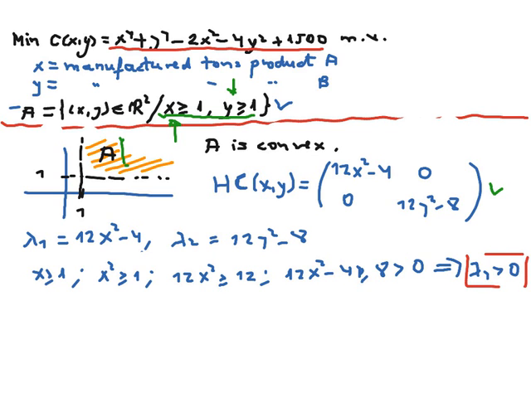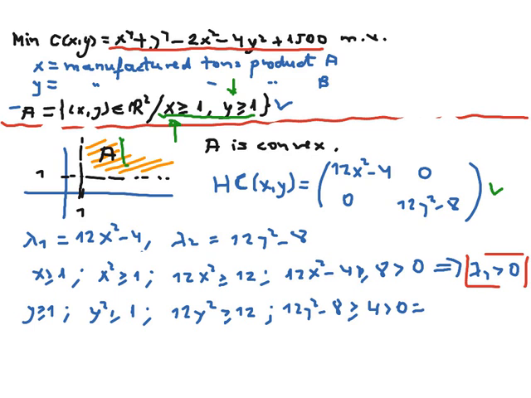A similar reasoning we have with the second eigenvalue. Y is greater or equal than 1, y squared is also greater or equal than 1, 12y squared greater or equal than 12, 12y squared minus 8 is greater or equal than 4, which is greater than 0.